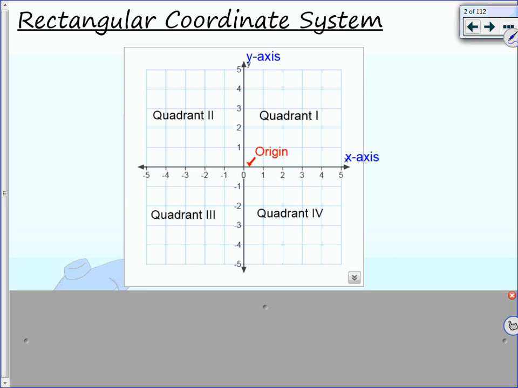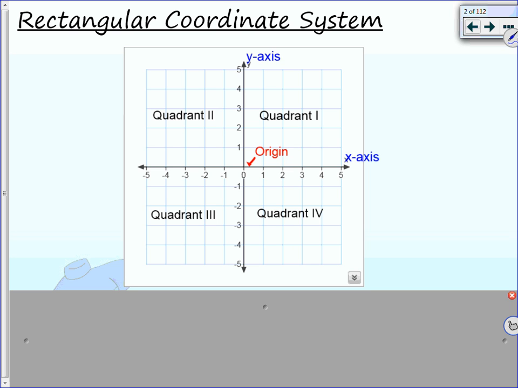So this is called our rectangular coordinate system. It's called rectangular because all of the axes meet at right angles. You can put everything on a sphere, in which case it's no longer a rectangular coordinate system, but we're putting it on a flat surface.